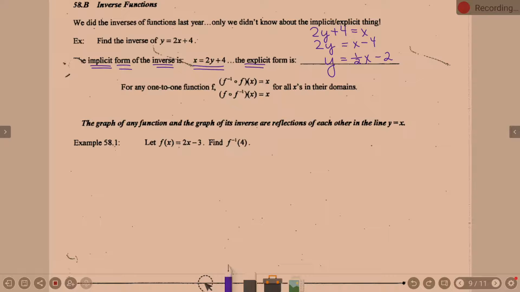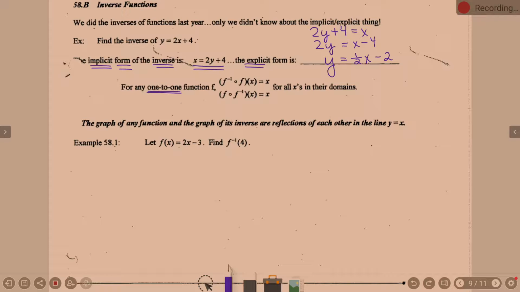And that was our first introduction of the horizontal line test. And I think that must be chapter 1, maybe. Chapter 1 or 2, because I've already done it this year in pre-cal. Yeah, it's got to be over a year ago in your brain. So, okay, one-to-one functions. If you have a graph to look at, it has to pass the vertical line test and horizontal line test, and that's how we know it's one-to-one.